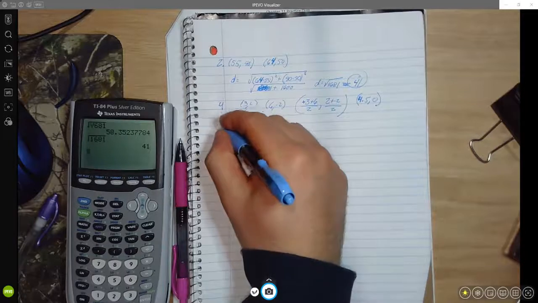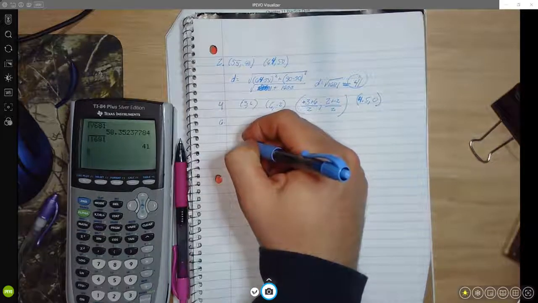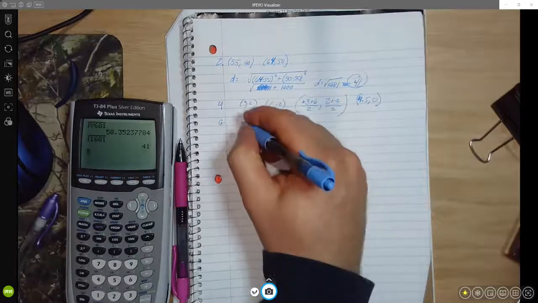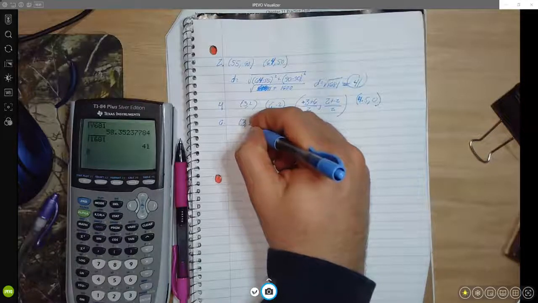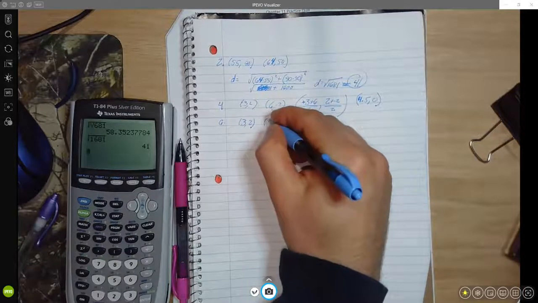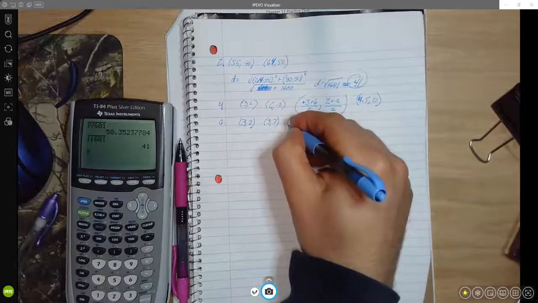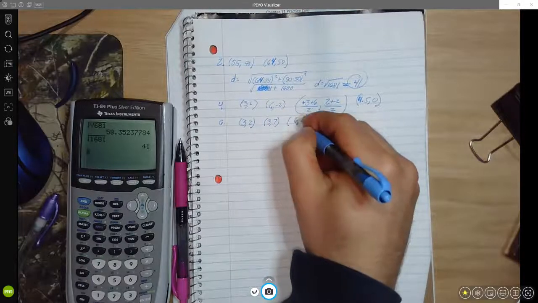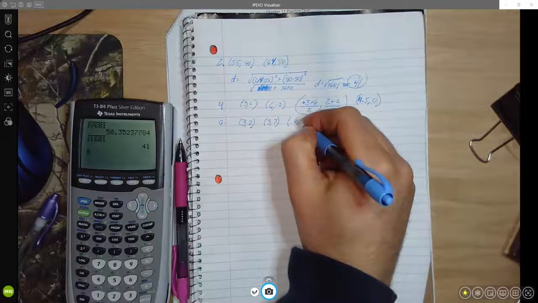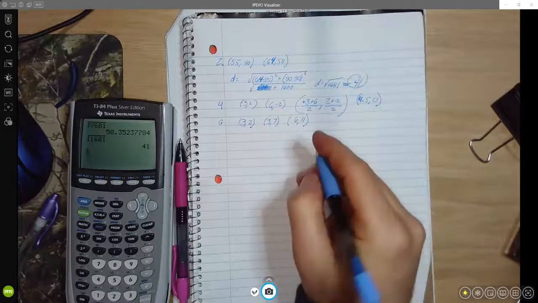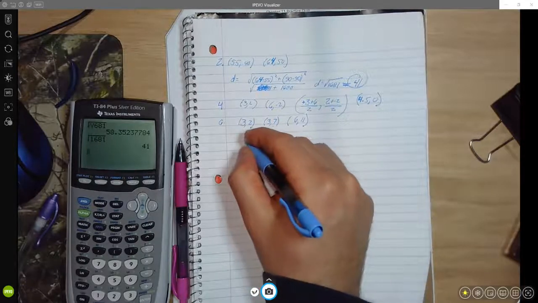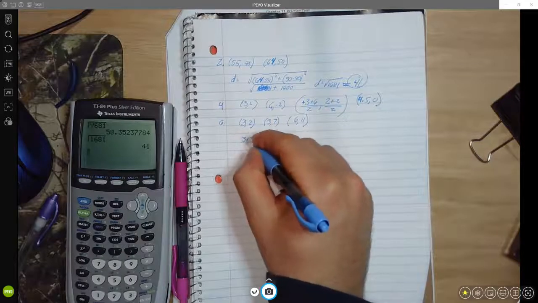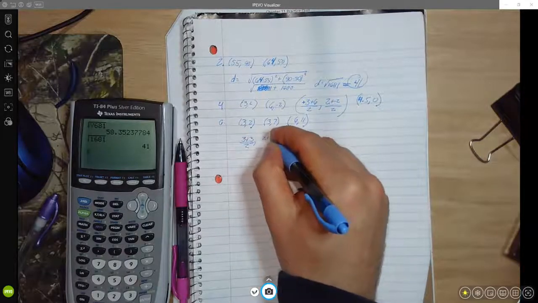Okay, number 6. What are the coordinates of the midpoints of the sides? You have a triangle with vertices 3, 2, 3, 7, and 6, 11. So for this one, you're going to have 3 plus 3 over 2, comma, 2 plus 7 over 2.